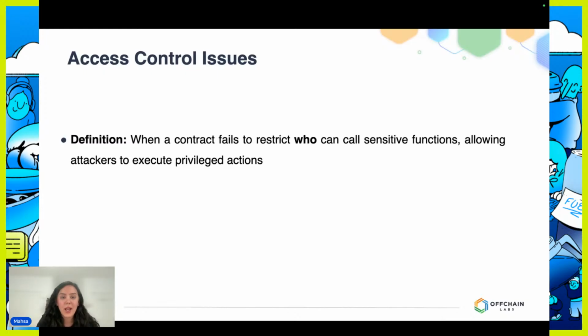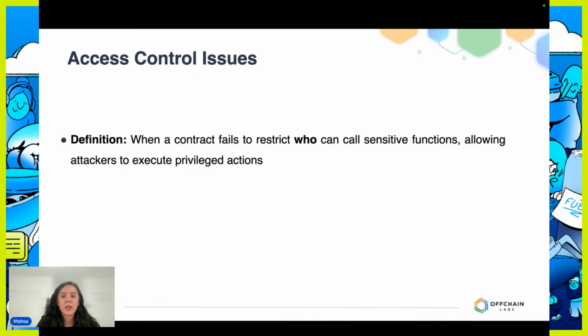This attack was behind many high-profile security incidents. The Parity multi-sig wallet that I talked about at the beginning, I think in 2017, was hit because of this bug.